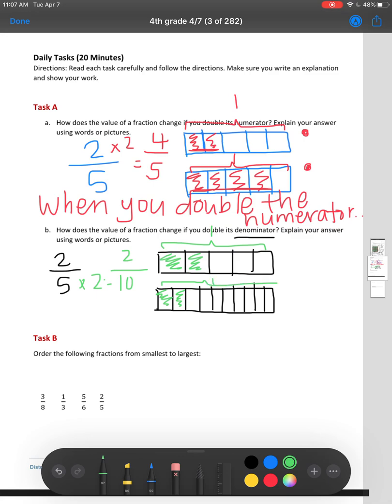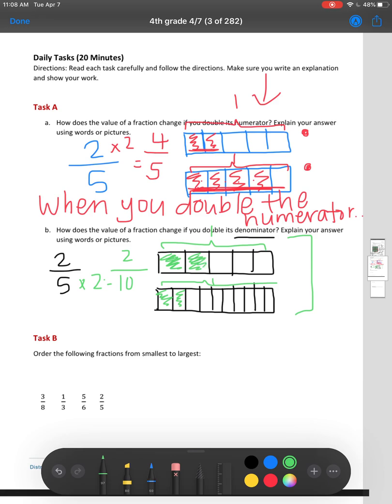Let's look at these two tape diagrams, okay? I see that when I go back up to this problem up here, when I doubled the numerator, my fraction got bigger, right? I had more pieces shaded in. Now down on this problem, I had 2/5 right here.